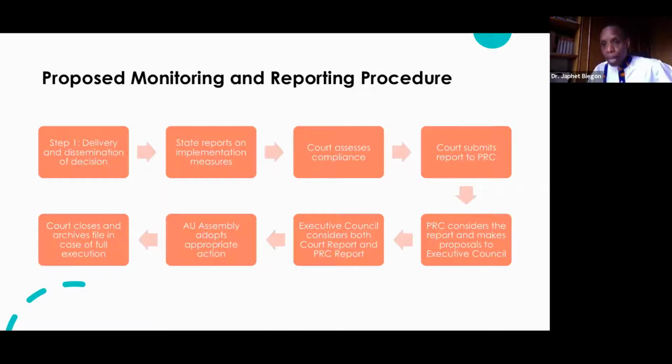The PRC report and the court report will then be submitted to the Executive Council, who will consider the report and make a decision, which will then be submitted finally to the AU Assembly for adoption. This might change because of recent changes in the African Union.